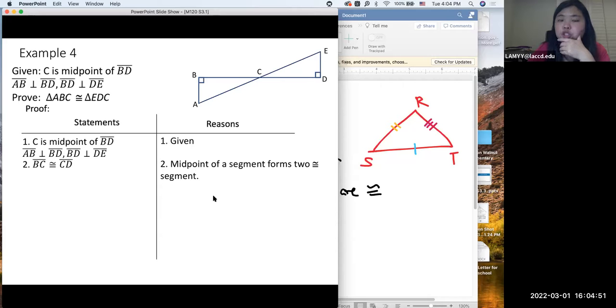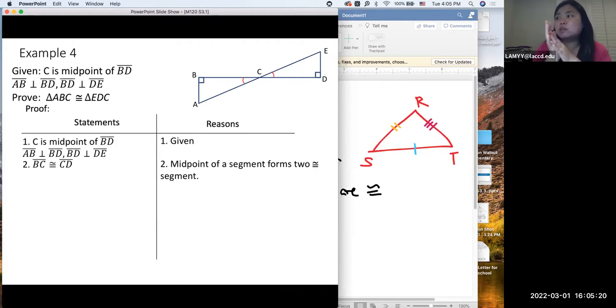Okay, and then which angle are you going to use? We want to use ASA, right? We do have the side already. We do have BC congruent to CD. So can we use these two angles?